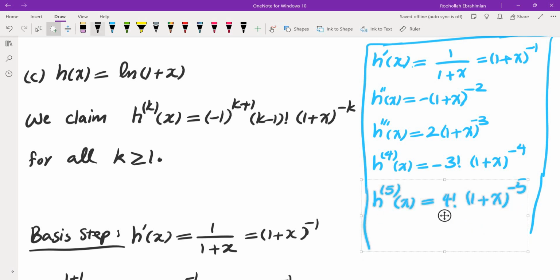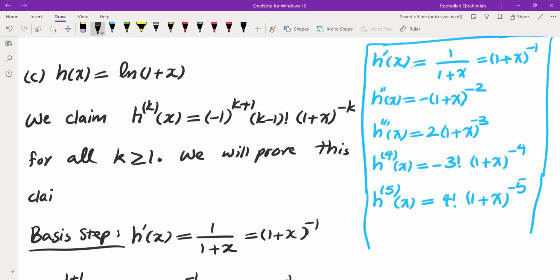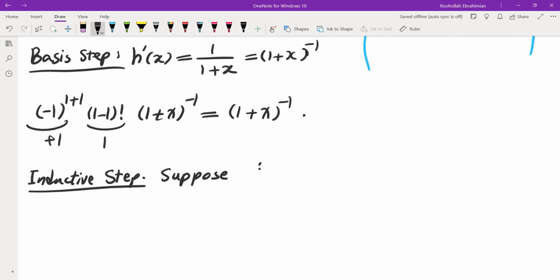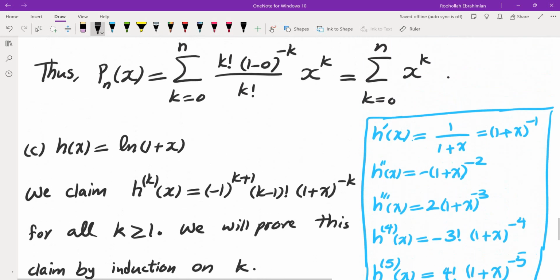So I'm going to mention here that we will prove this claim by induction on k.